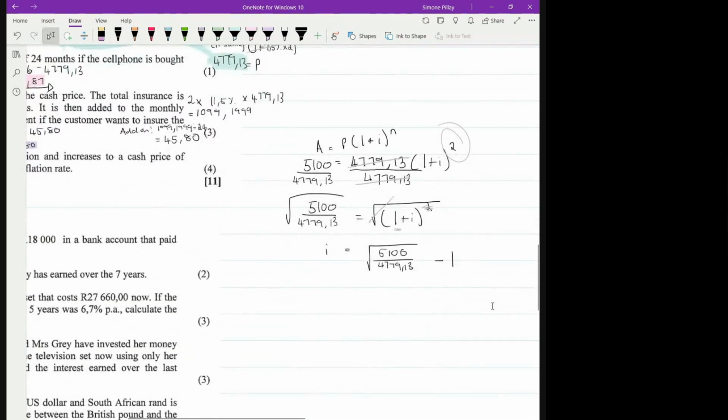If you remember, it was i is equal to the root of A over P, less 1. So that's exactly what we've now got at the end here. Put this in your calculators. Tell me what you're getting as your interest rate.